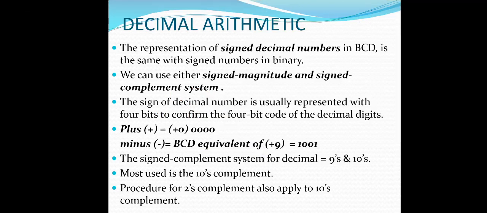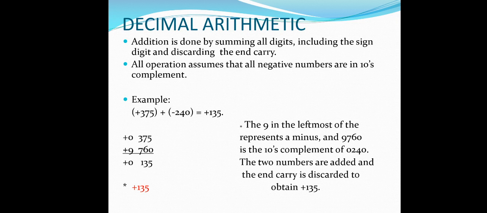So we will have an example for you to understand this situation. This one is an example for the addition of decimal digits, which includes the sign digit and discarding the end carry. All operations assume that all negative numbers are in 10's complement.